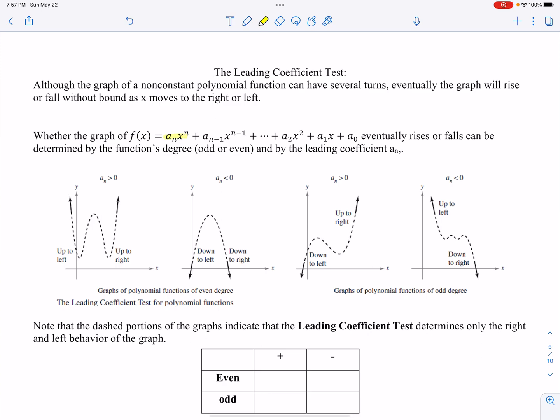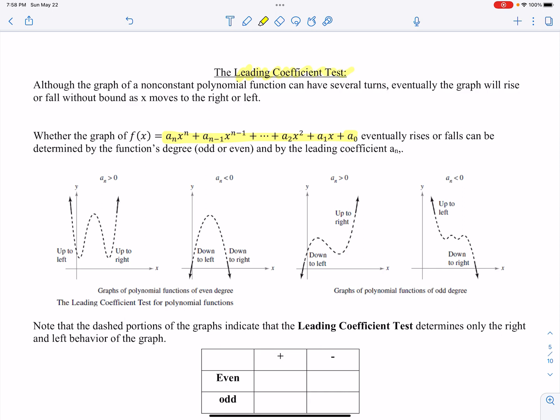So I have a sort of generic polynomial where my a's are different coefficients. X to the power of n minus 1, minus 2, minus 3 could be all the different parts of a graph. So if I'm given a function, I might not know everything about the function, but the leading coefficient tells me a significant amount of information.